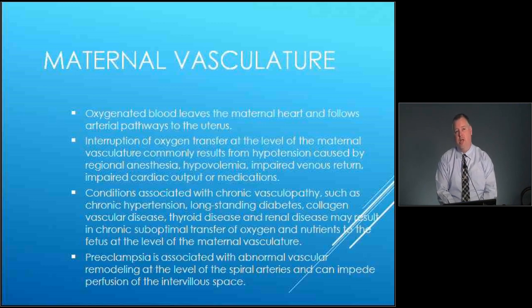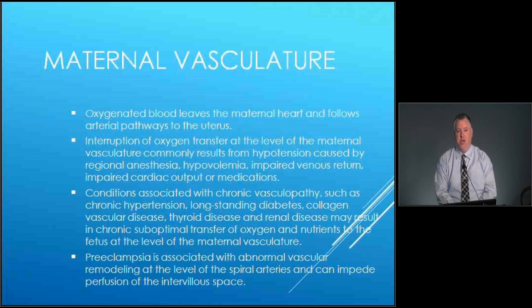Any interruption in the oxygen transfer at the level of the maternal vasculature will commonly result from hypotension caused by epidural placement, hypovolemia, for example if she's having a hemorrhage, or impaired venous return, which could be if she's flat on her back and has vena cava syndrome where blood is not returning to the right side of the heart. It can also result from impaired cardiac output, such as a type of ischemic injury, or medications.